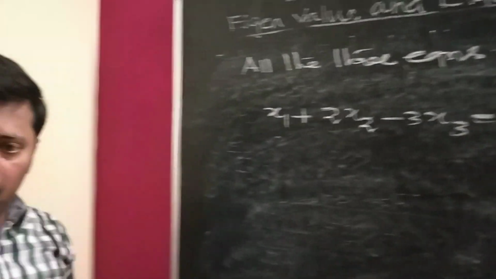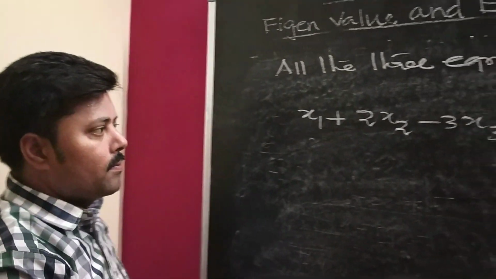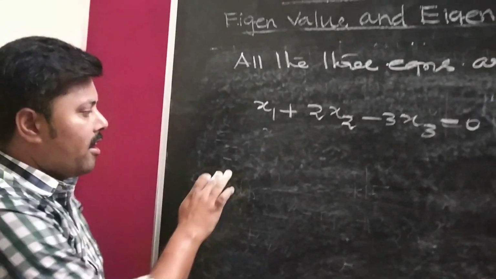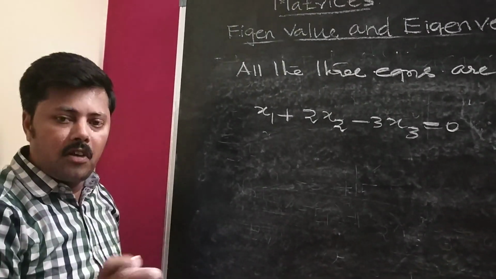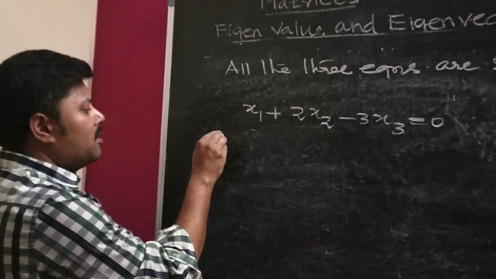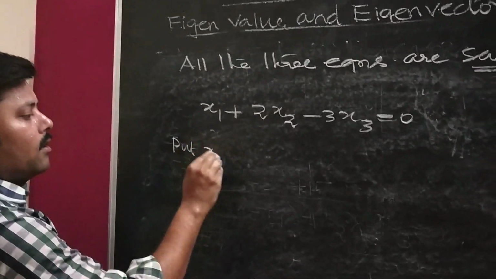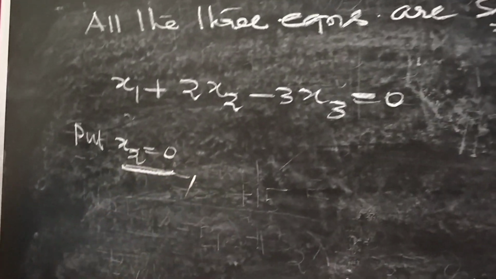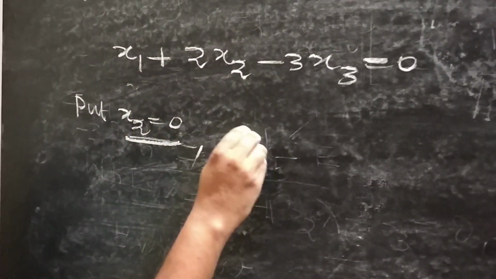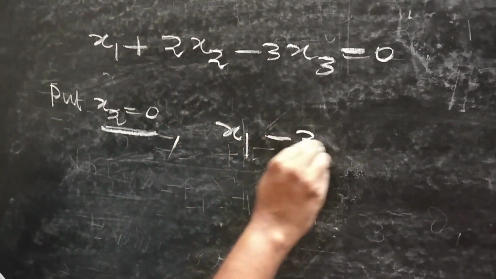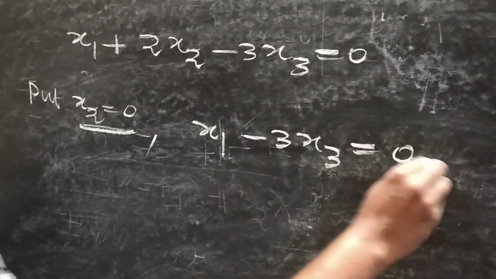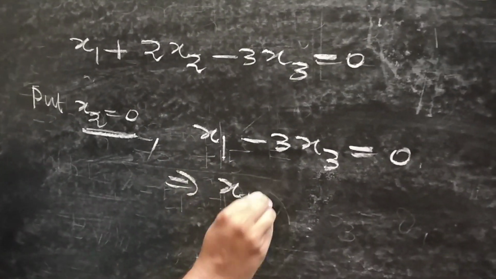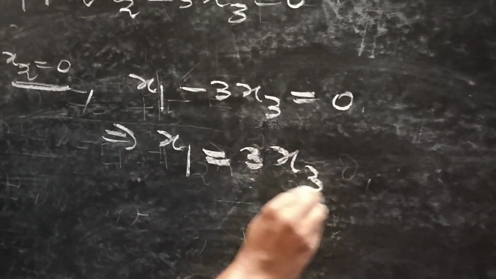Here minus 3 is repeated twice, right? Repeated eigenvalue, so this time we have to substitute any one of the variables 0 and find out the eigenvector. If we put x2 equal to 0, the equation reduces to x1 minus 3x3 equal to 0. So x1 equal to 3x3.